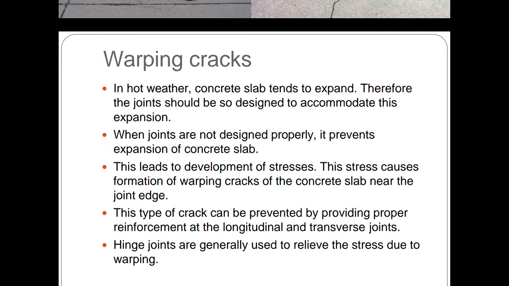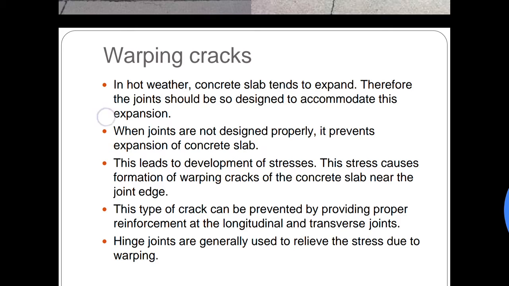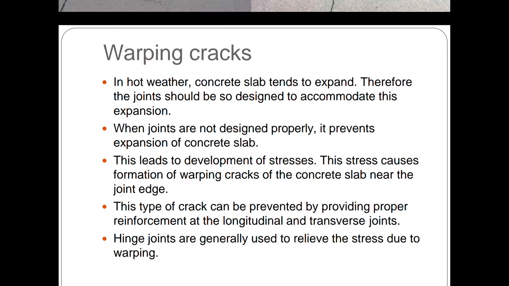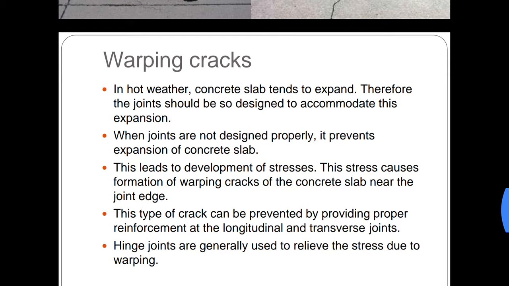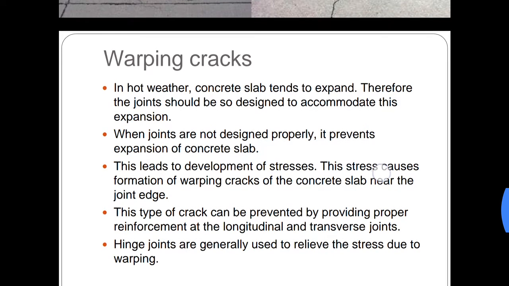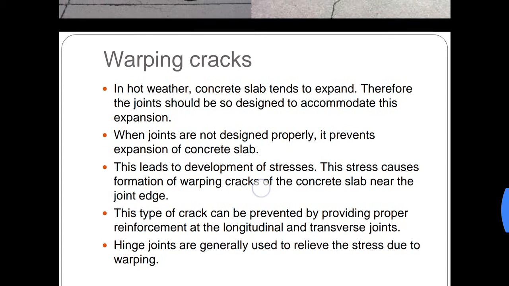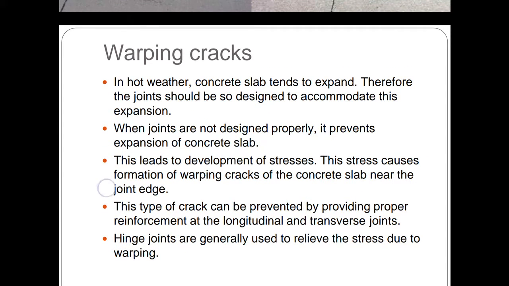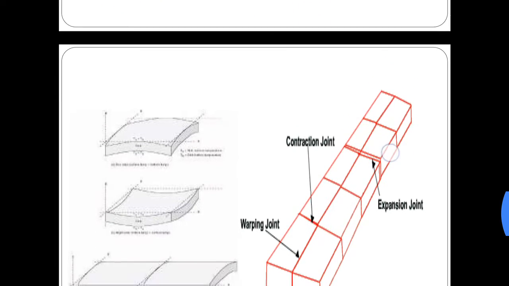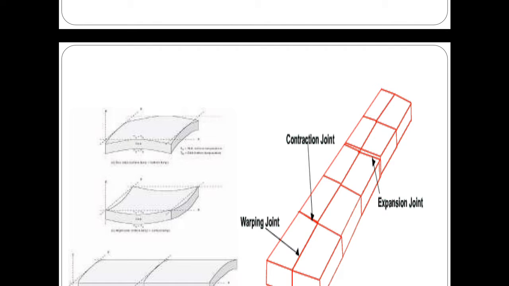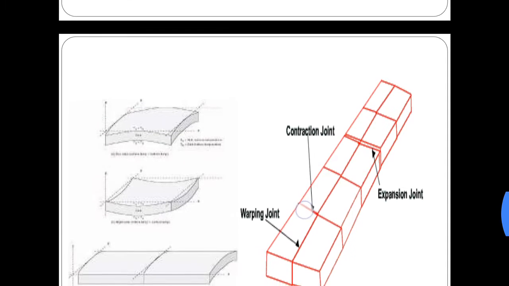Therefore, the joints should be designed to accommodate this expansion. When joints are not designed properly, it prevents the expansion of the concrete slab, and this leads to development of stress. This stress causes formation of warping cracks on the concrete slab near the joint edges.